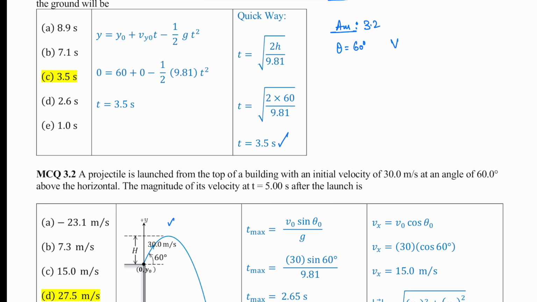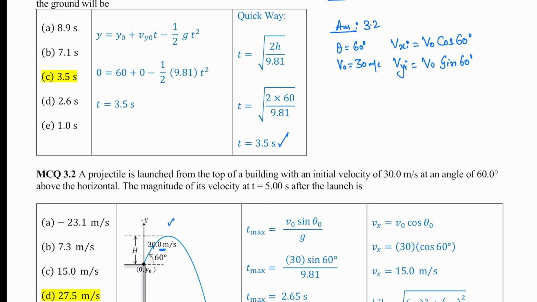So can I say Vxi is equal to v naught cosine 60, and Vyi is equal to v naught sine 60 degrees? Clear? And v naught is given, v naught is 30 meters per second as per the equation.